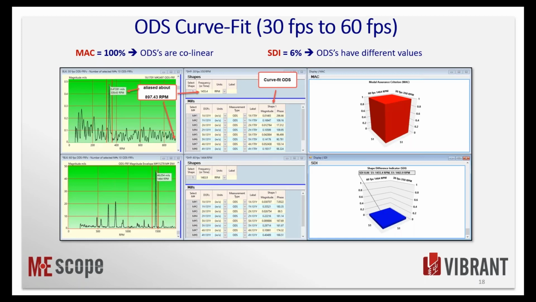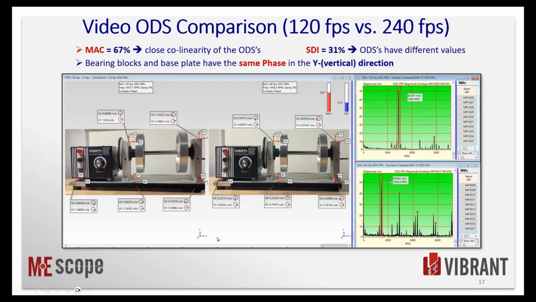And we're going to do something else here, which is, again, part of MEscope: we can actually take one or more shapes and curve fit them. It's just a linear least squares curve fit of those shapes to ODS data. So in this case, what we're going to do is take one ODS and curve fit it to the other. The reason for that is that each of these sets of data has a different reference, and we just pick a point on the video anywhere.